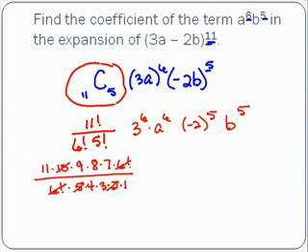I can take a 3 out of the 9, and I can take a 4, reduce it into the 8. All right, so I've gotten rid of all the denominators. So my numerator is 11 times 3 times 2 times 7. So I'm getting 462.